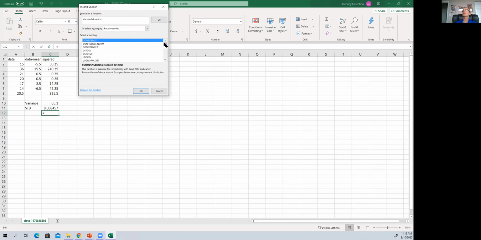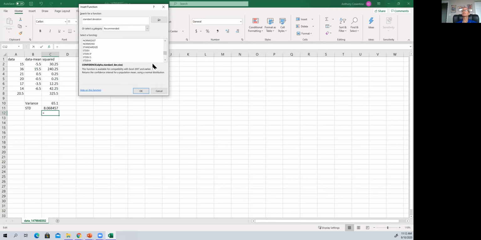You'll see there's a bunch of them here. The two that you will want to use are stdev.p, which implies that you have data that's the population, and .s, which implies you have the sample.